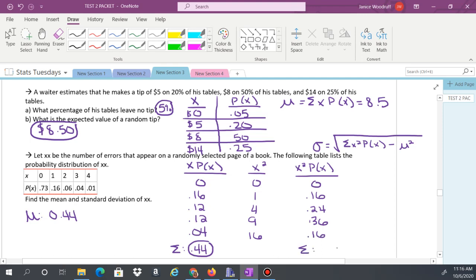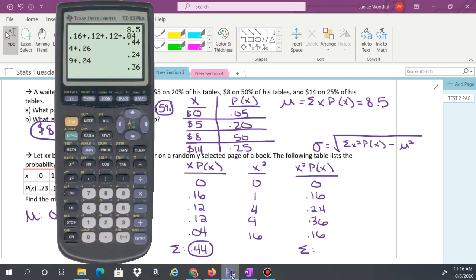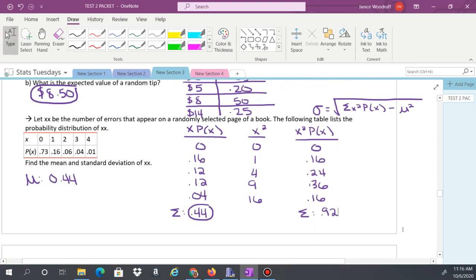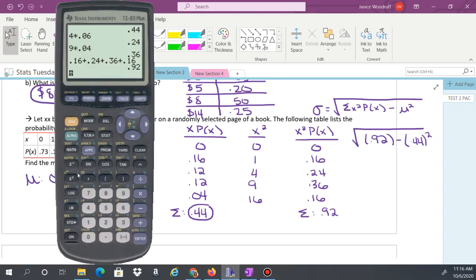So then this sum, let's see what that is. That's going to be 0.92. So the sum of x squared p of x is 0.92. If we plug this into our formula, you're going to have the square root of 0.92 minus 0.44 squared. You can put it in the calculator just like that, I believe. Let's try it.